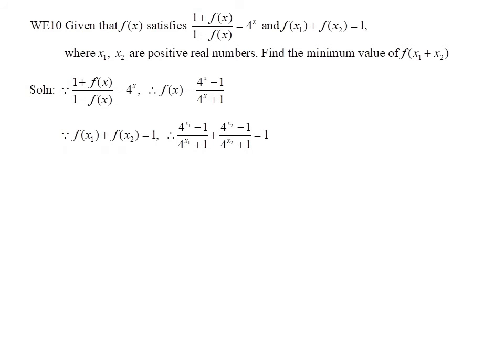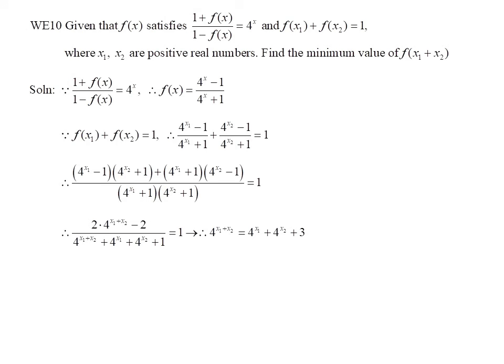Since f(x sub 1) plus f(x sub 2) equals 1, we can substitute f(x sub 1) and f(x sub 2) into it, and then simplify the equation to 4 to the power of x sub 1 plus x sub 2, which equals 4 to the x sub 1 plus 4 to the x sub 2 plus 3. After further algebraic manipulation, we can express 4 to the x sub 2 equals (4 to the x sub 1 plus 3) over (4 to the x sub 1 minus 1), as can be seen on the screen.